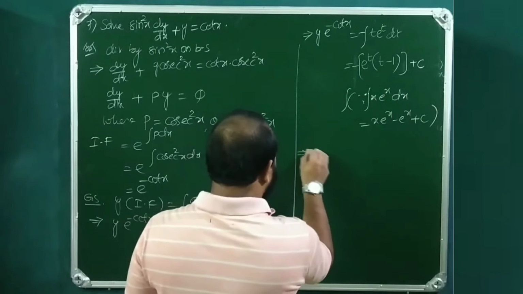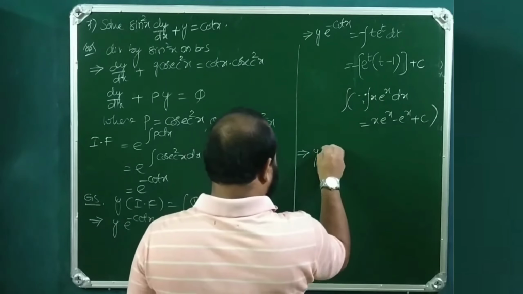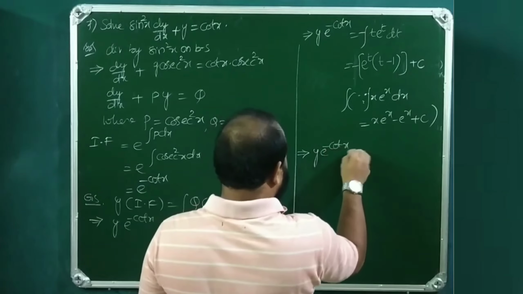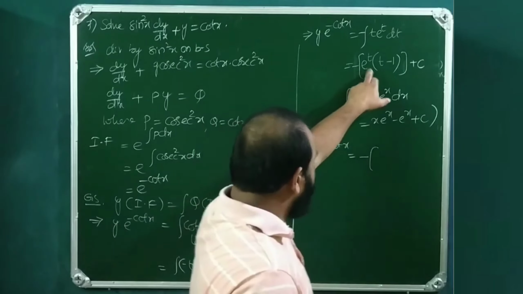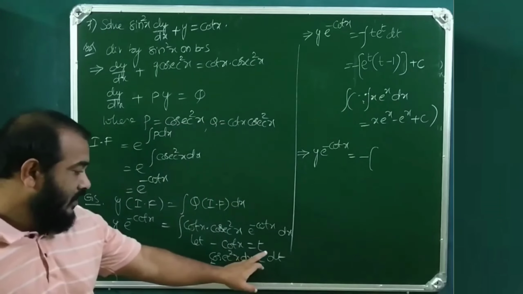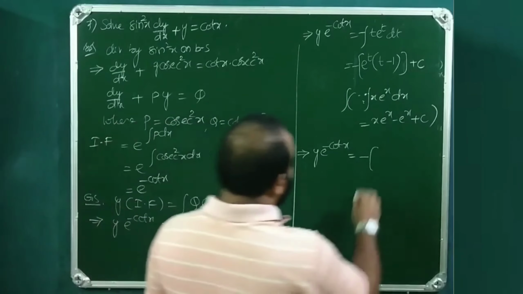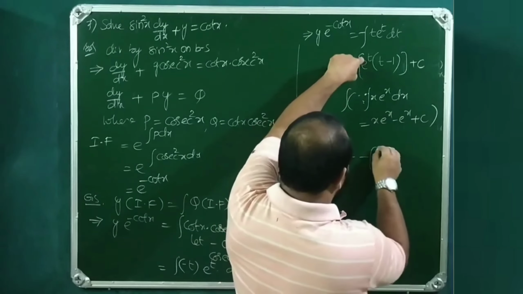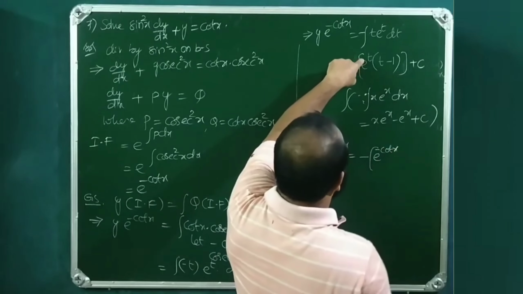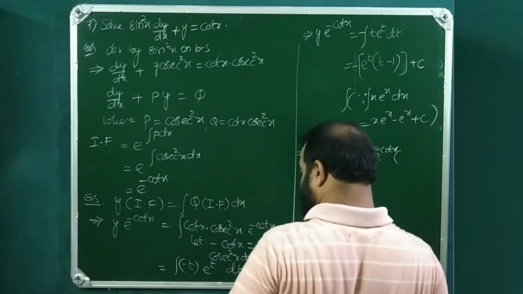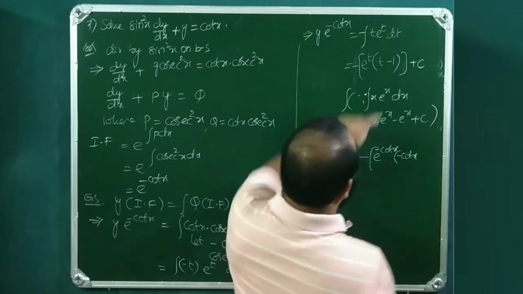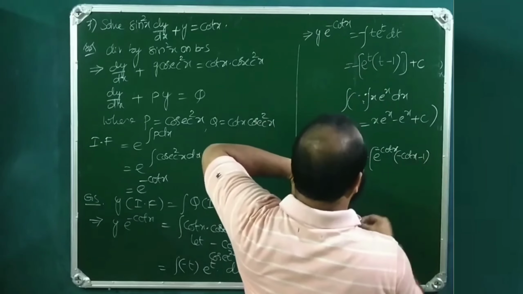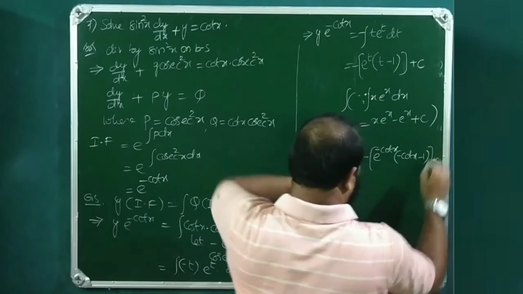So y into e power minus cot x is equal to minus e power minus cot x, where the value of t is minus cot x, so t minus 1 is minus cot x minus 1, plus constant of integration c.